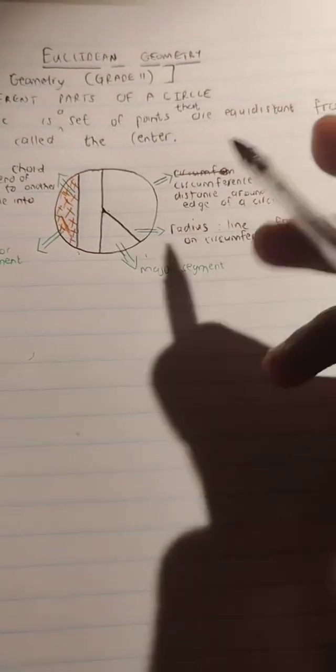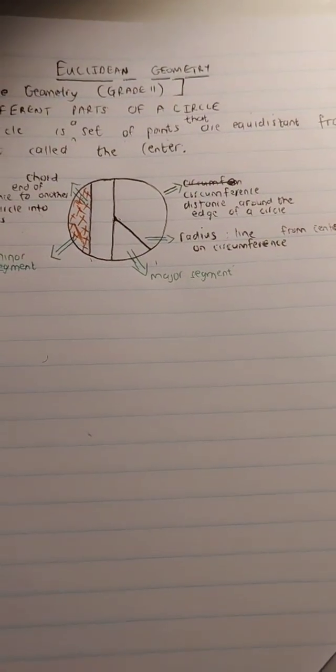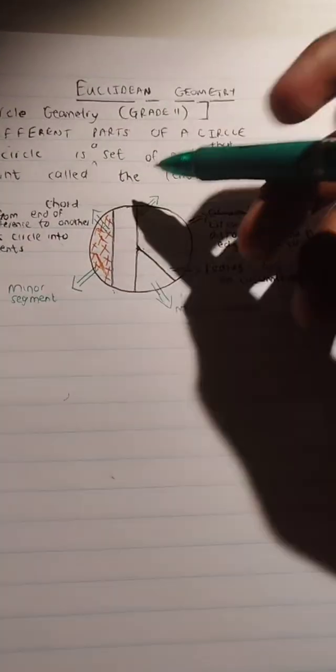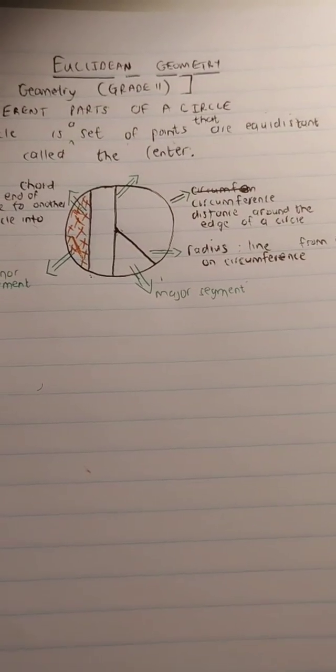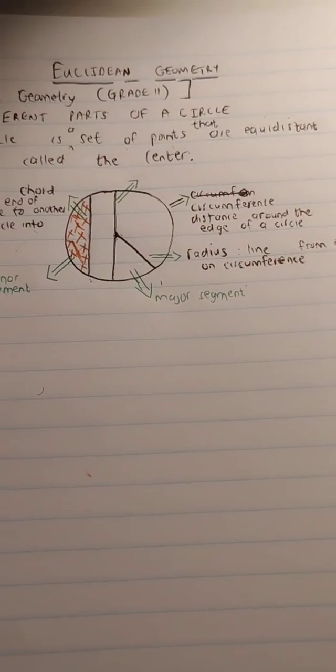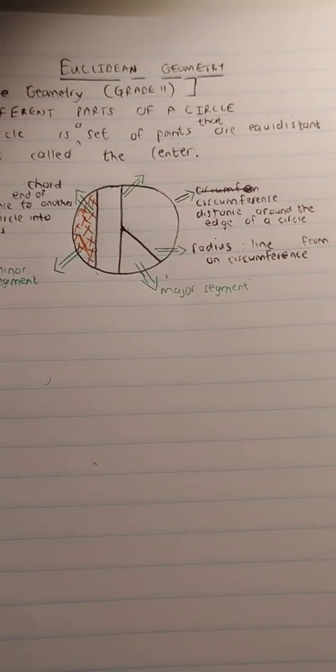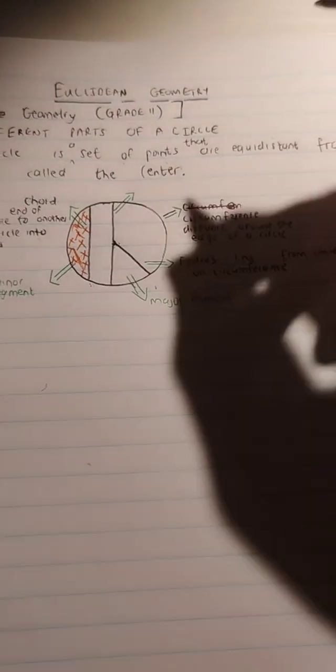What do we refer to that chord as? It's got a special name. It cuts through the center from one end of the circumference to the other. What do we call that special chord?